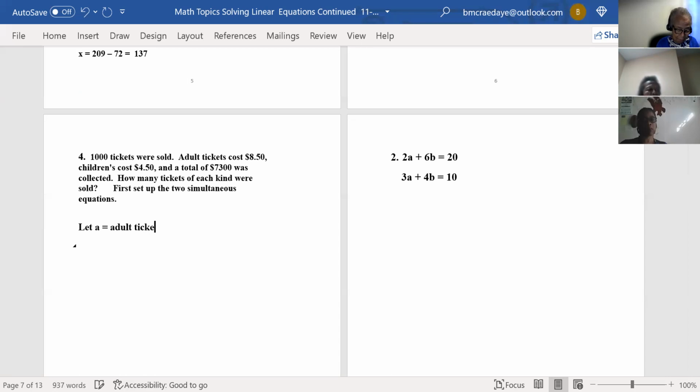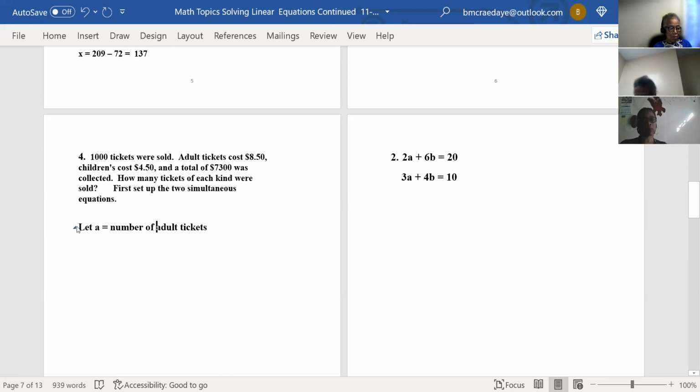And C equals children. Okay, let A equal the number of adult tickets. And then you use what for children?